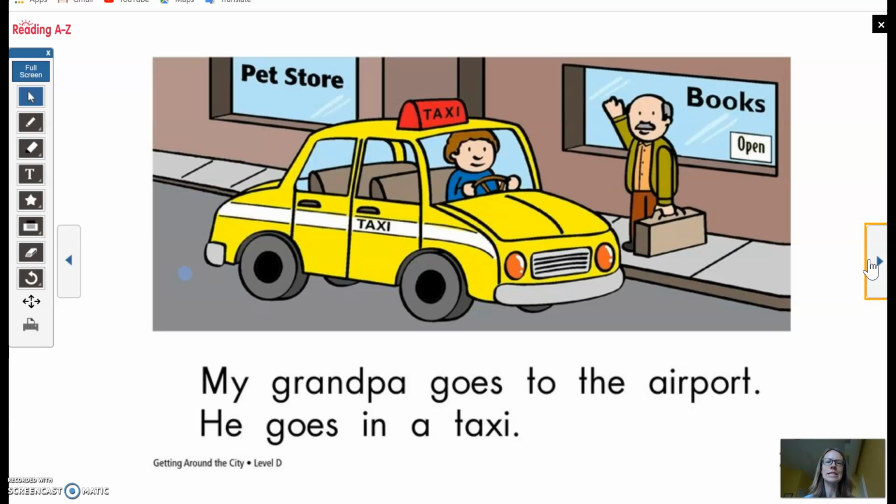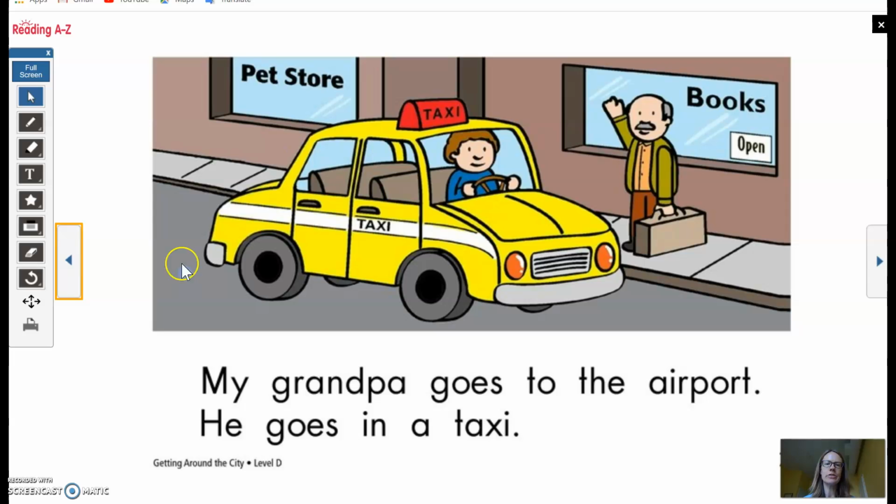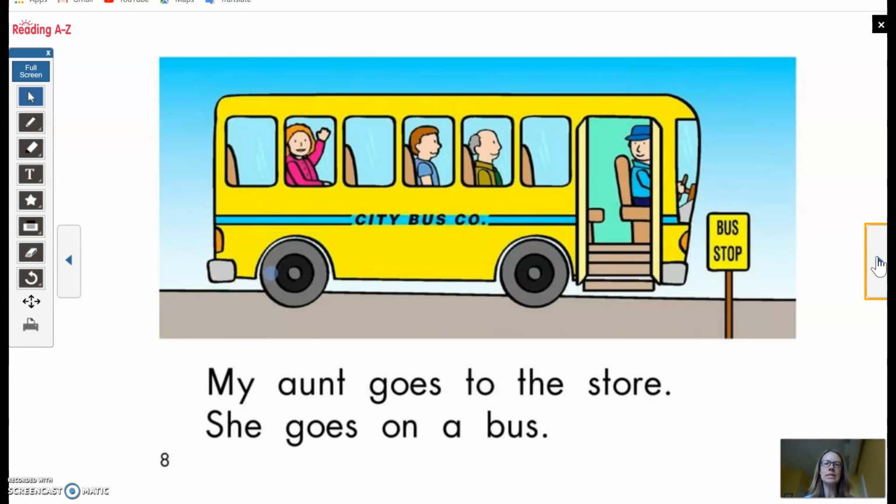How are the taxi and the bus the same? Answer by saying the taxi and the bus are the same because. Good job.